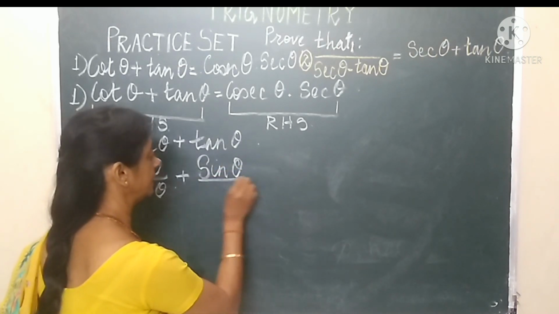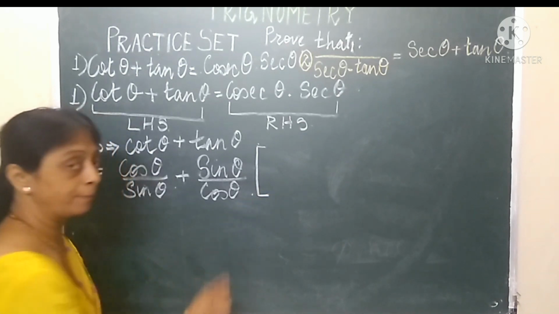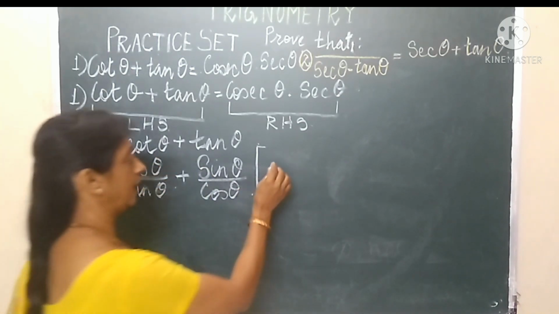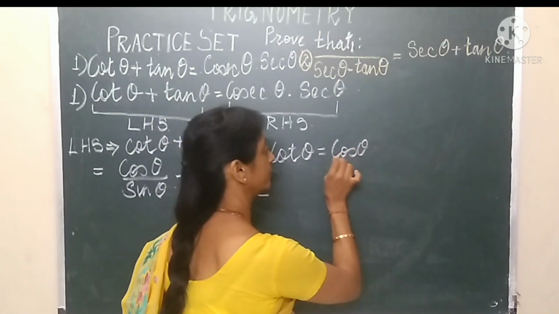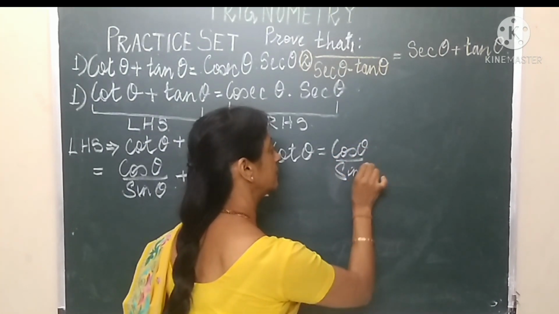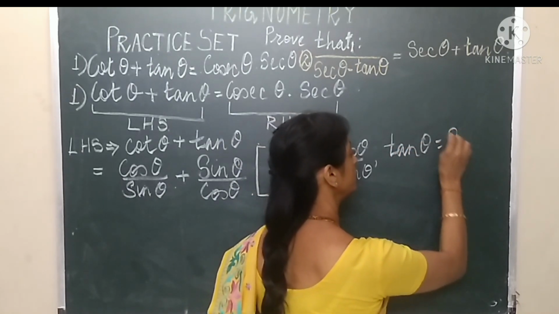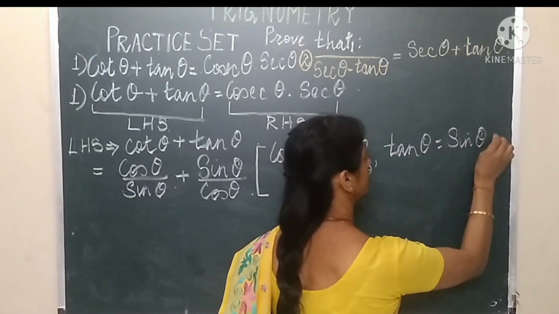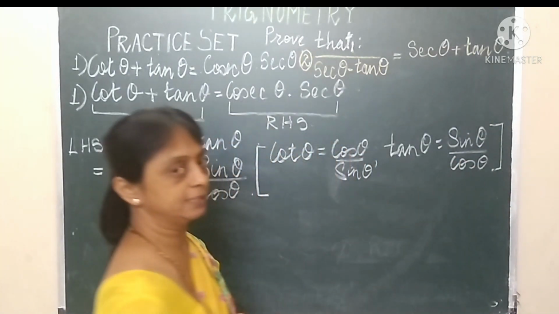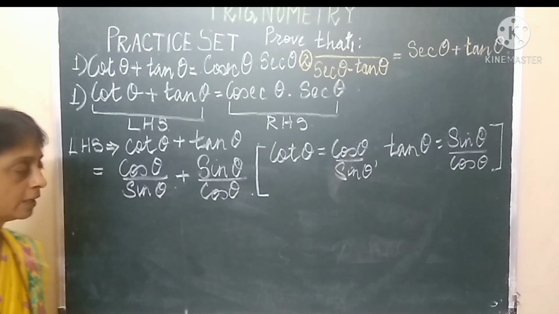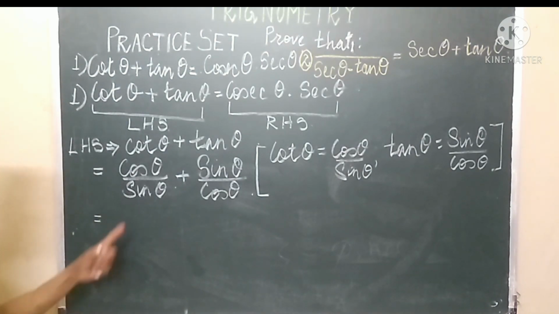Tan theta is sine theta upon cos theta. Let's pen down the reason that cot theta is cos theta upon sine theta and tan theta is equal to sine theta upon cos theta. Let's move on with our mathematical steps.